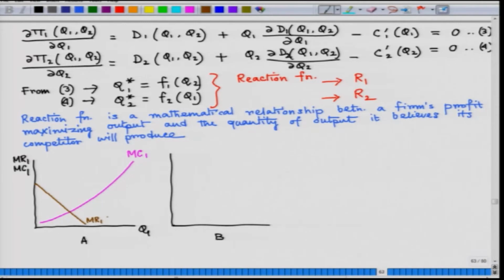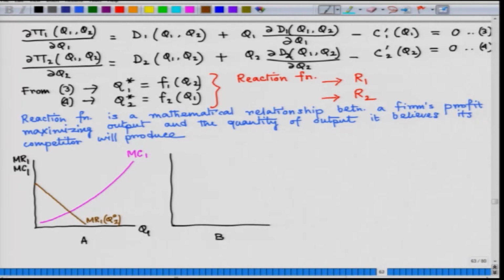Now, note that when this marginal revenue curve is derived, farm 1 assumes a specific value of output level or market supply chosen by its competitor farm 2.